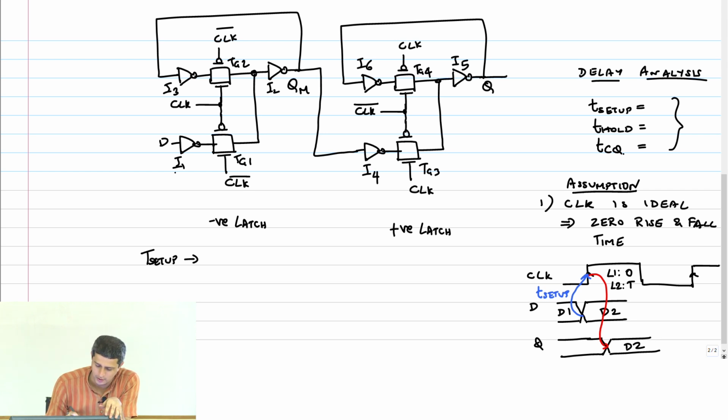For example, is the setup time just the delay of this inverter? Is it the delay of the inverter plus this transmission gate, I1, TG1?